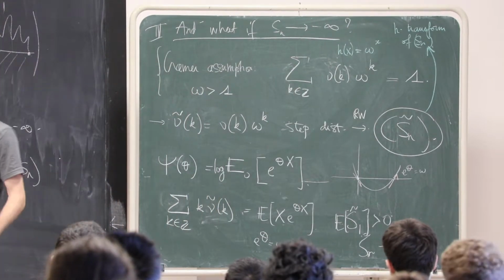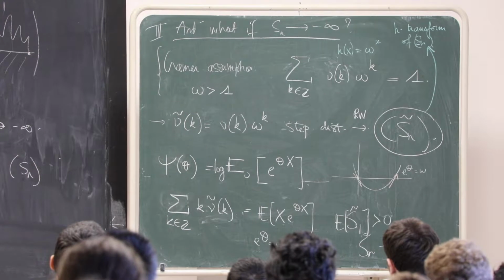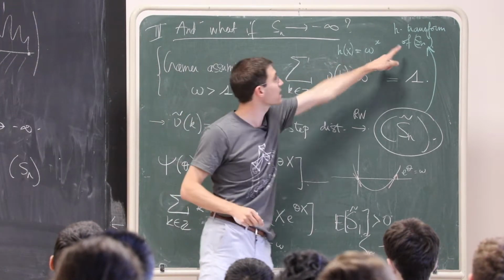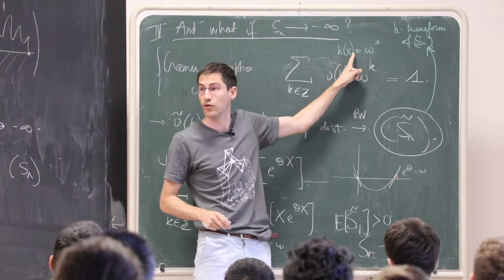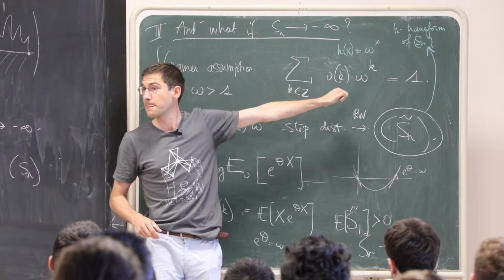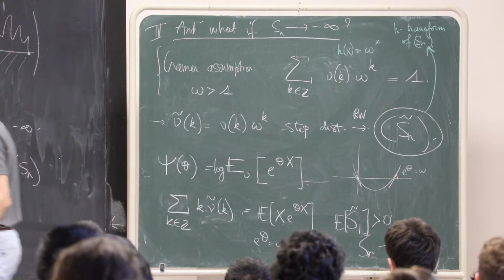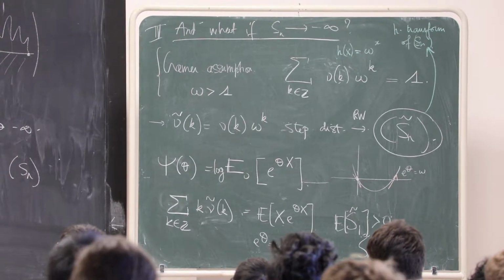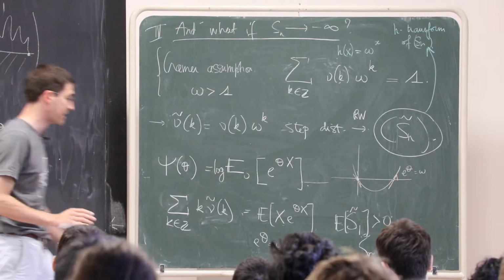So it's a harmonic function which is an exponential function. And checking the harmonicity of this function for the walk S n boils down to checking this. So what you can do is a first H transformation, and then you get a walk that drifts towards plus infinity.